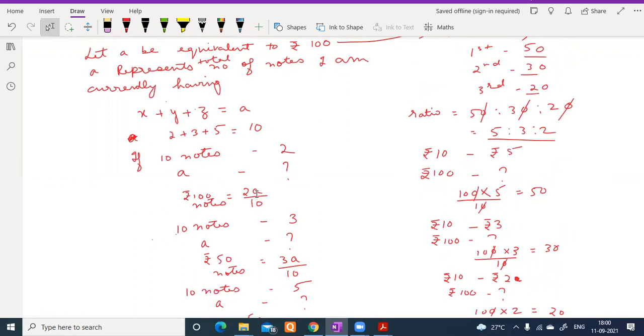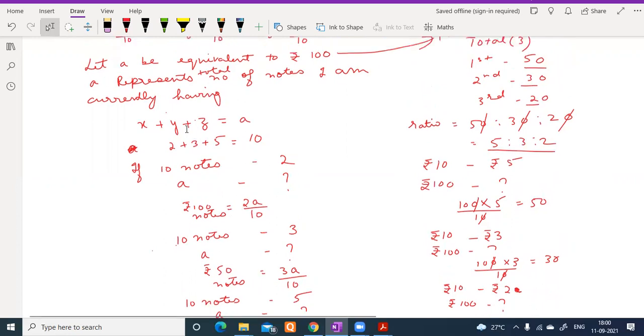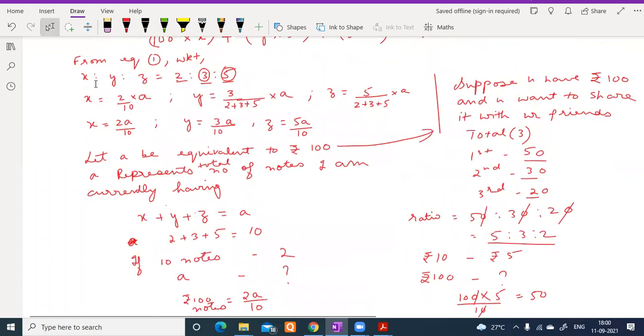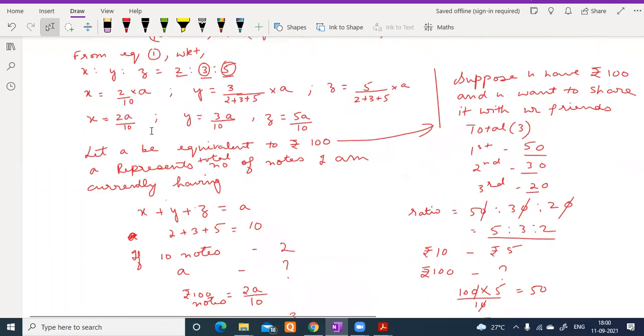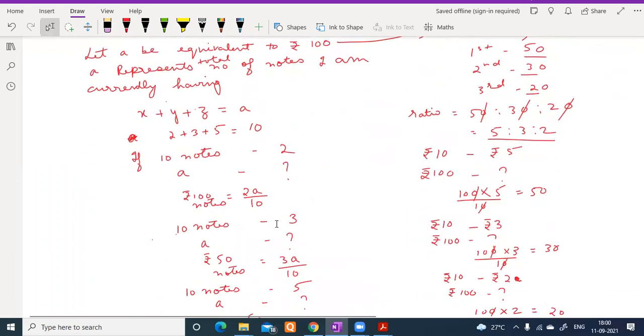I have in my pocket 3 notes of 50 rupees. Similarly, the number of 100 rupee notes we have assumed as X. The number of 50 rupee notes we have assumed as Y. The number of 10 rupee notes as Z. That we have got in terms of a single variable A.